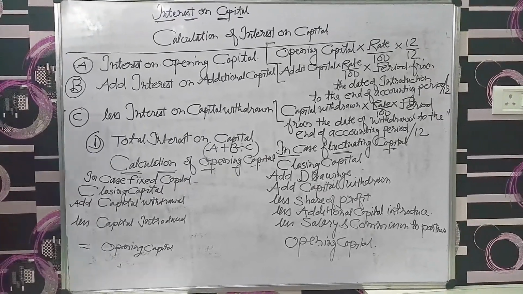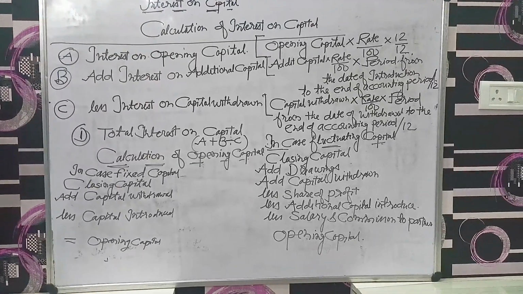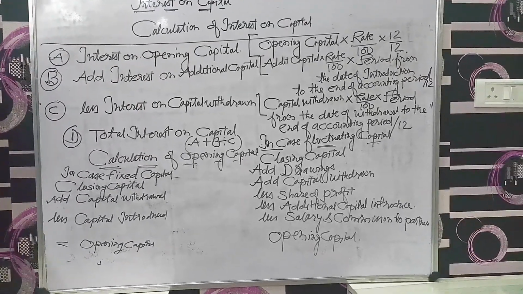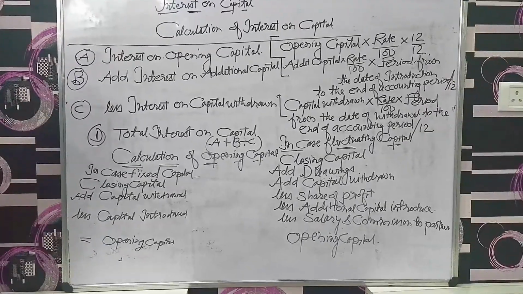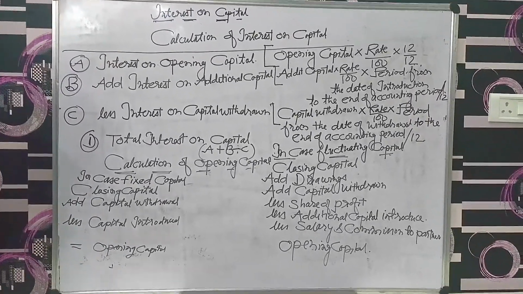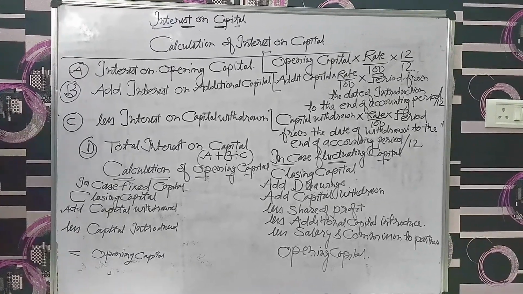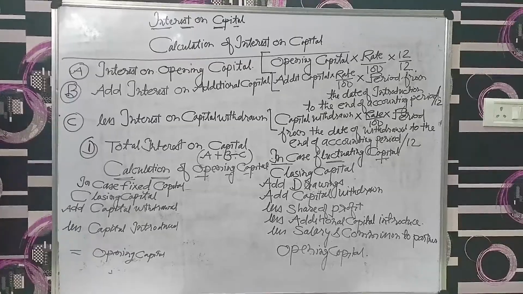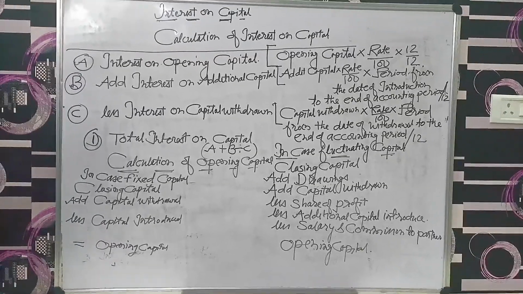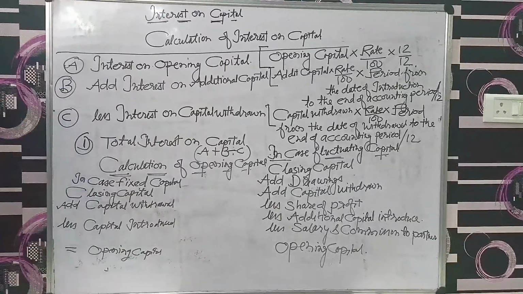Now the other part which we have to discuss: what is our opening capital and how do we calculate the opening capital. In the previous lecture, we emphasized that partners can keep their capital account in two modes. First is the fixed method and another is called fluctuating capital.